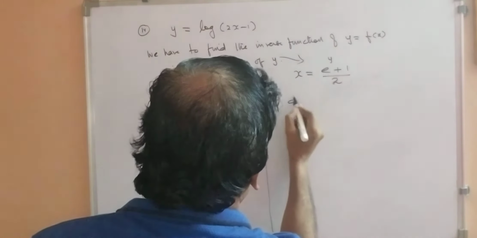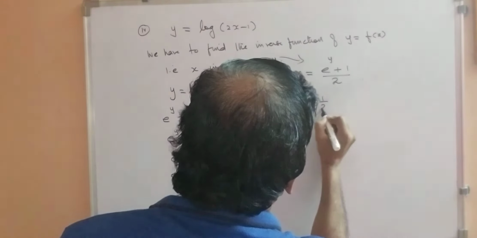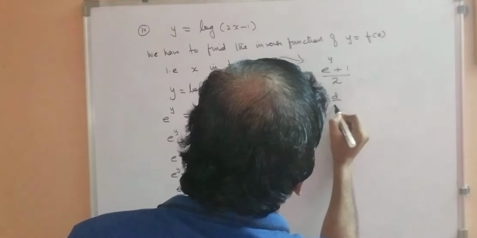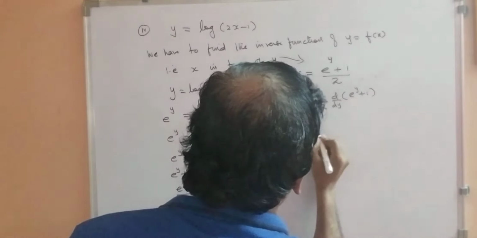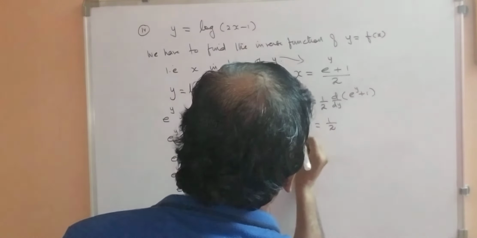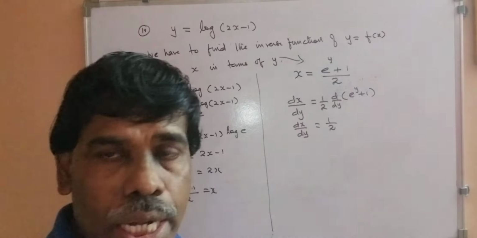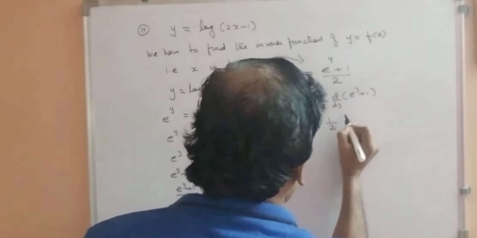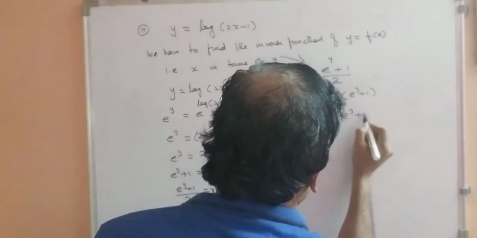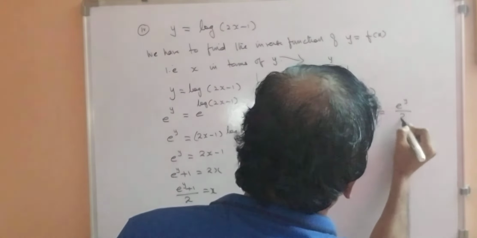So now we will differentiate. dx upon dy equal to 1 upon 2 into d by dy of e raised to y plus 1. See, mind well, we are differentiating with respect to y, not x. So what is the derivative of e raised to y? E raised to y plus 0. So dx upon dy equal to e raised to y upon 2.